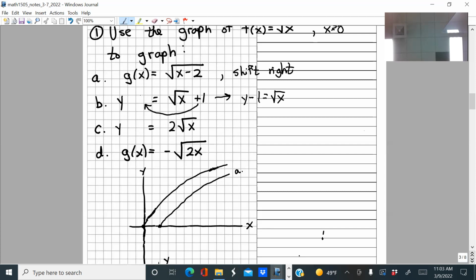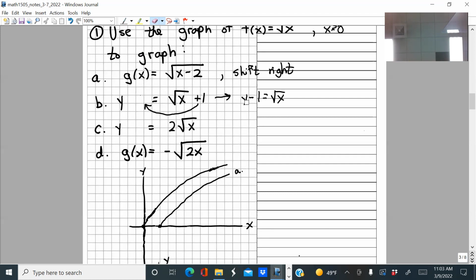I've subtracted a constant, right? But from what? From X? No, from Y, right? Okay. So that wasn't really clear at first when I had the formula written down. That's why I moved the constant to the left-hand side. What we're really doing there is subtracting 1 from Y.